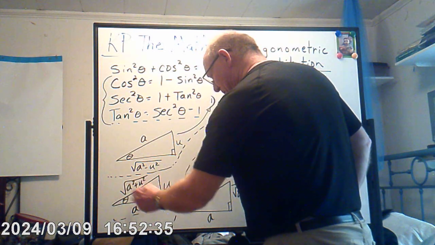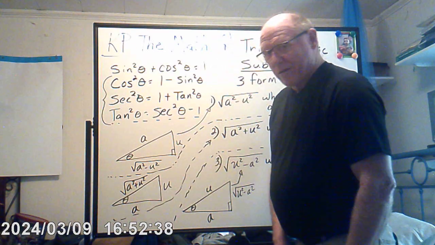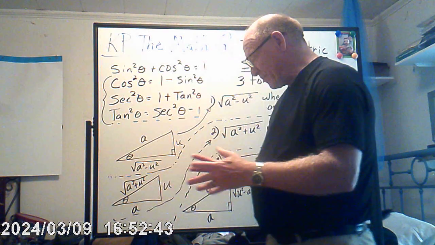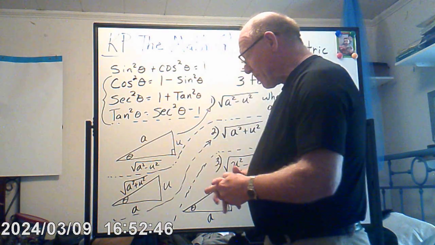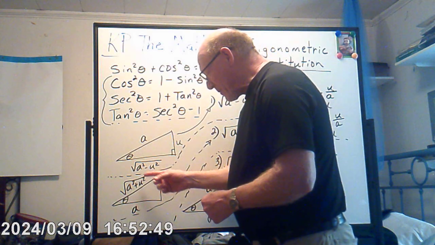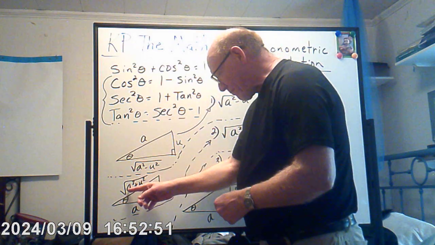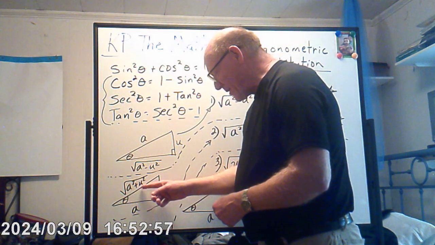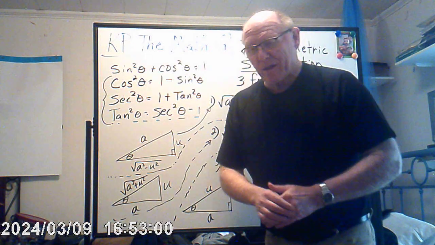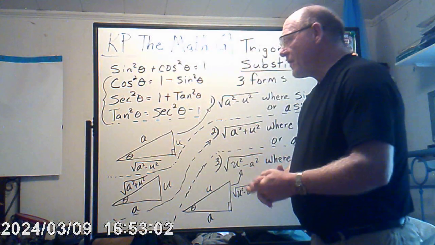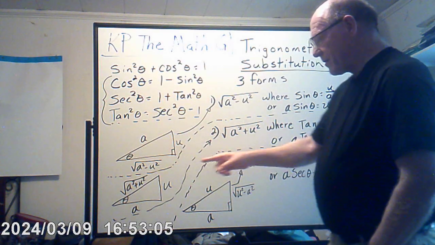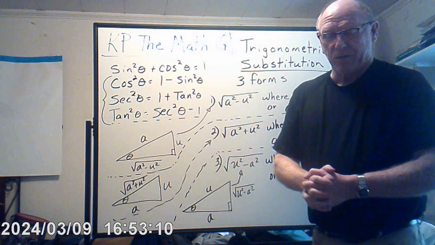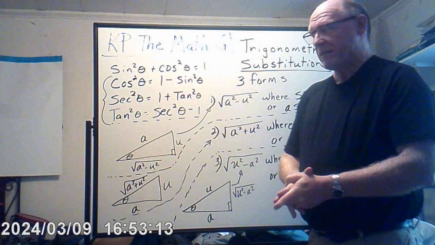And then of course, if you do the Pythagorean formula on that, A squared plus U squared is C squared, so C is equal to the square root of A squared plus U squared. The idea behind these is they're always going to be square roots, and the idea behind this method is to remove the square root.